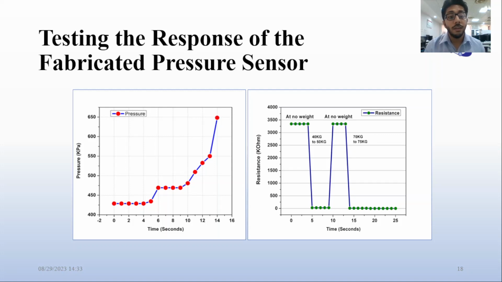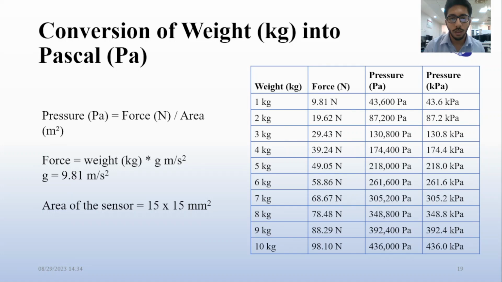And this is the response regarding time and pressure, that as with time we increase the pressure, the graph will gradually increase. Then we have used the conversion of weight into Pascal formula, and we have made this table corresponding to the different weights.